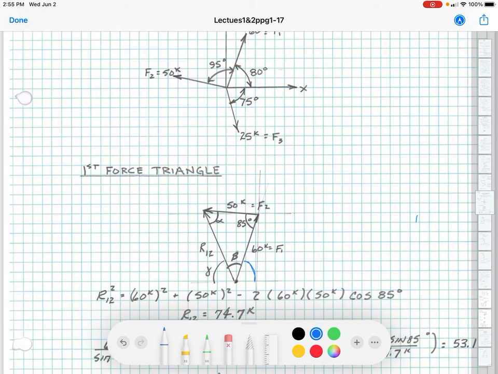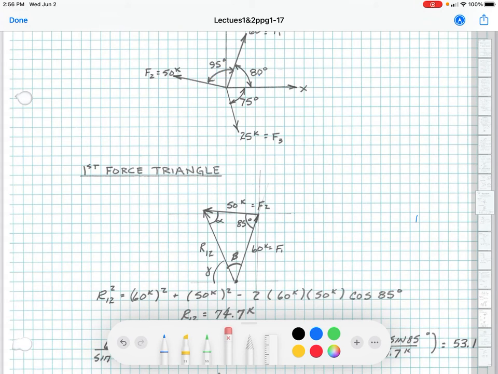Since this is 80 degrees from the horizontal, this is 80 degrees also. This and this angle are the same. And since the angle of F2 is given as 95 degrees up here, this little piece is 5 degrees, because 5 plus 95 plus 80 is 180.